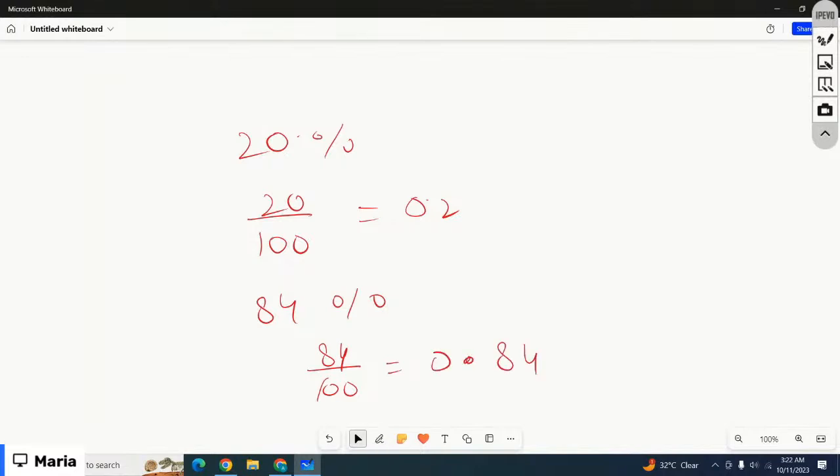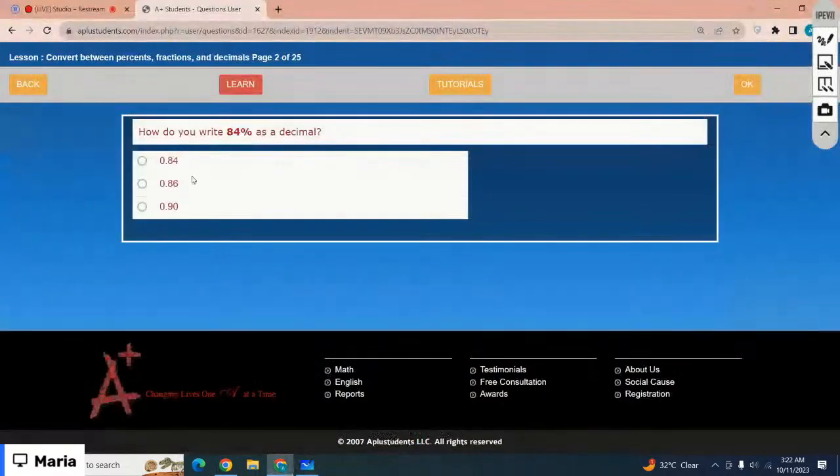And when you divide, that would be 0.84, right? The correct option is 0.84.